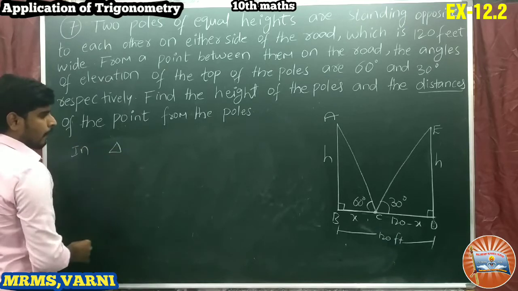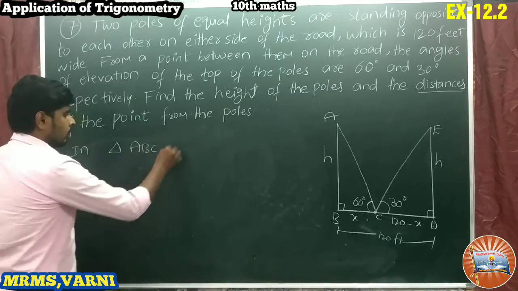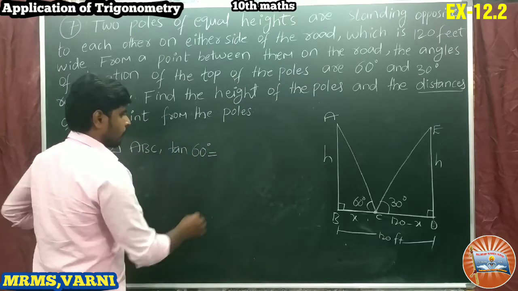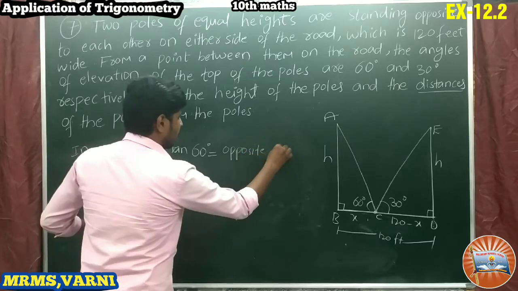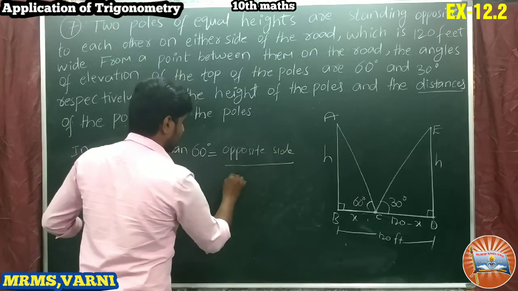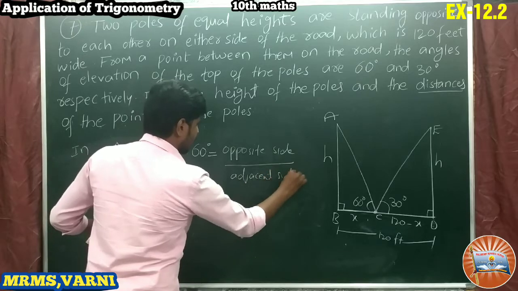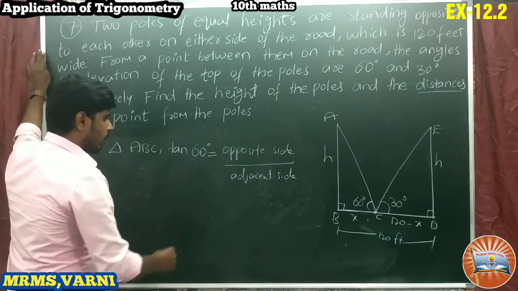In triangle ABC, tan 60 degrees is equal to opposite side by adjacent side.